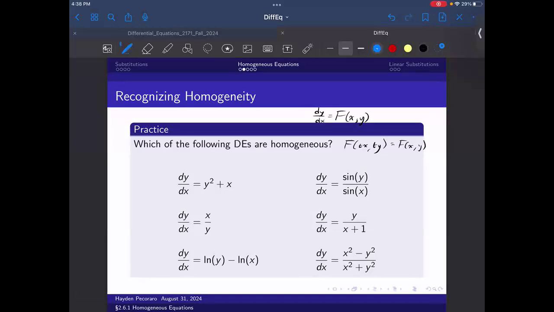So this thing on the right side, this expression is what we're calling capital F of xy. Right? This y squared plus x, which is in the first one for a second.